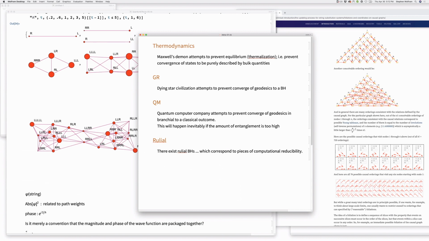Right. So the demons are trying to keep JD6 away from Rullial black holes. The obscurants. Yeah, away from the enlightenment, so to speak, of Rullial black holes.